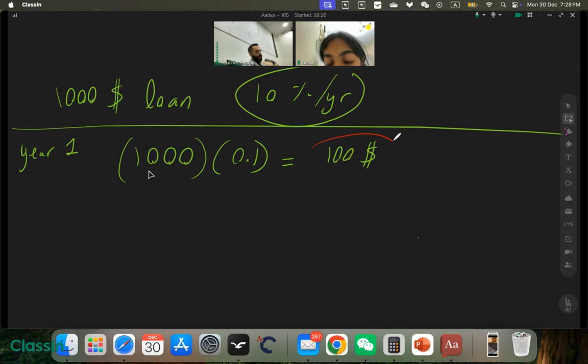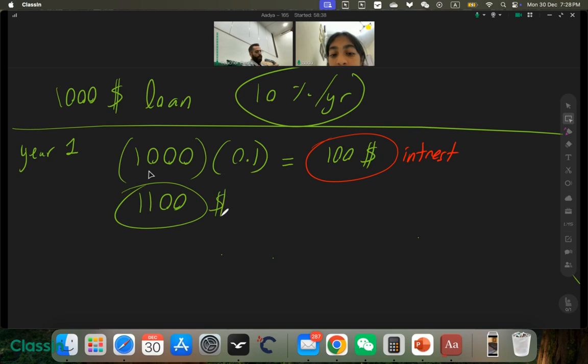I'm going to circle interest in red. This is an interest. So how much do you need to pay? This much is how much you need to pay. Let me associate colors with ideas. This is the original one from the previous one.